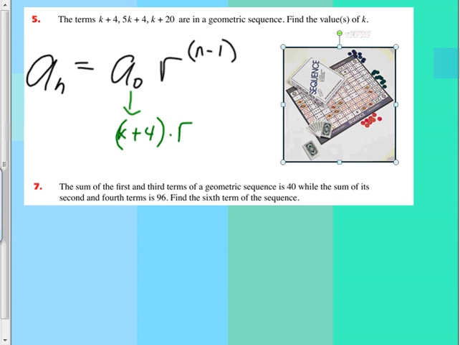We can figure out the r. How could we figure out the r? R is the common ratio, right? So what's that come from? Yeah, dividing. Dividing like what? I like it. K plus 20 over 5k plus 4.